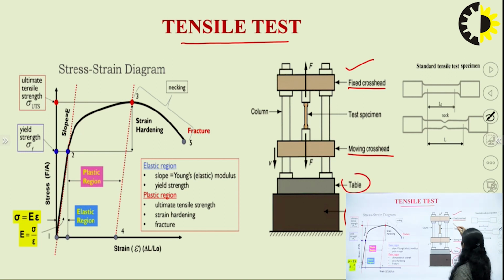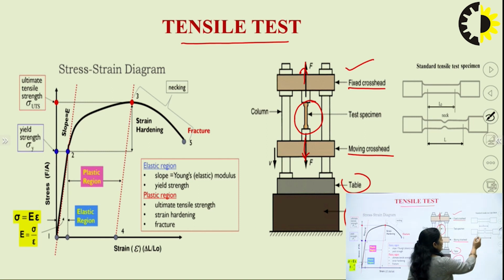Now, as we are talking about the tensile test, we are using the tensile force here. We can see the directions of these forces are opposite to each other. And this is our test specimen. These are the columns.